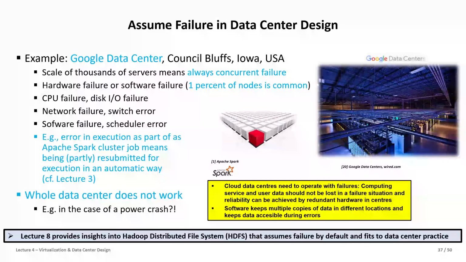So another facet we have to talk about in these larger data centers is that you assume failure by design. What does it mean? So you see here quite an interesting hall of a Google data center. Which one doesn't matter. You have tons of these racks. You have the infrastructure up here with all the cables interconnecting it and so on.